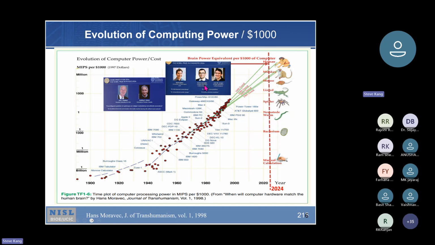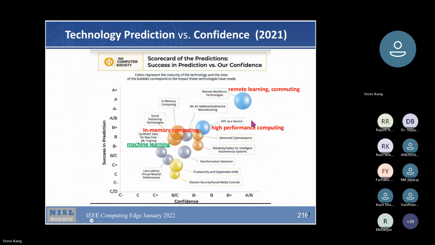Demis Hassabis was the one who had DeepMind competing. They solved the folding of the protein, and for that contribution, they got the Nobel Prize in Chemistry. So, Nobel Prize in Physics and Nobel Prize in Chemistry both went to AI experts. That's the importance of AI and its impact.